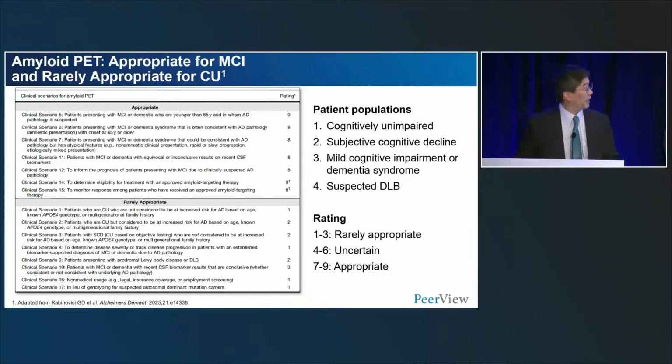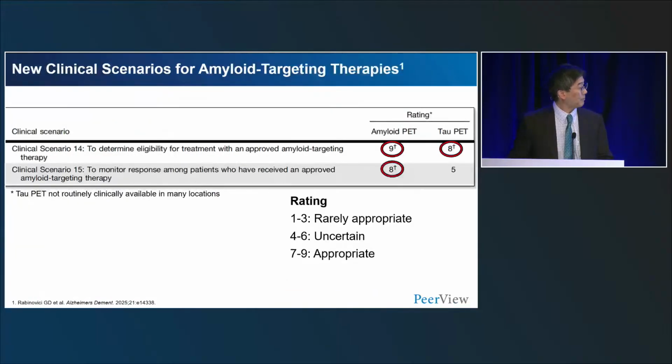So, in very quick summary, amyloid PET is appropriate for MCI and rarely appropriate for cognitively unimpaired, all right? And in the very specific but very important new clinical scenarios that we had to add, which was to determine eligibility for treatment with an approved amyloid targeted therapy, the highest score of 9 for amyloid PET, as you can imagine.